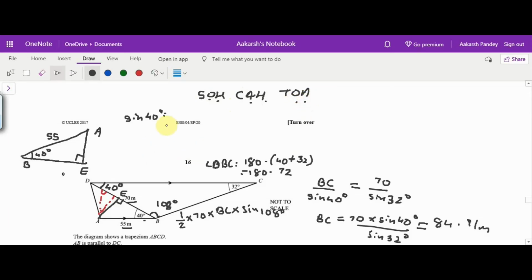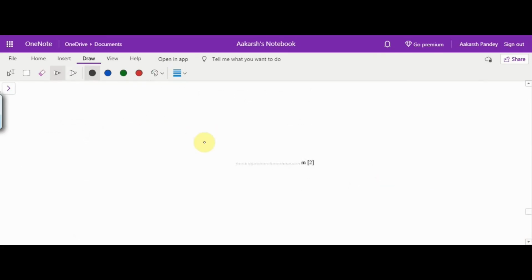So because we have sine, we have SOH, which is opposite AE upon hypotenuse. Hypotenuse is 55. To calculate, AE is nothing but 55 into sine of 40 degrees. Shortest distance is 55 times sine 40 degrees. We get this as 35.35. Simple use of trigonometry.